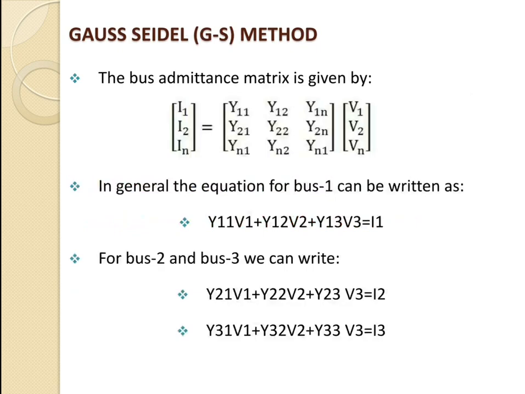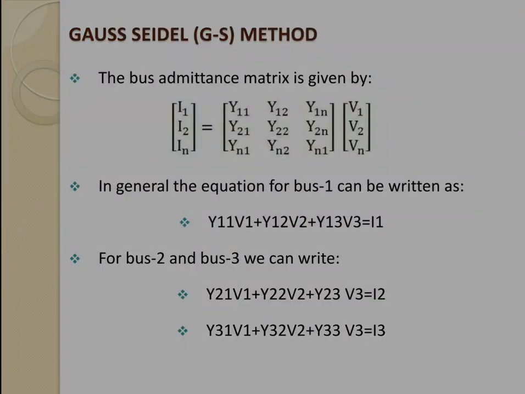N times, same way Y11, Y12 up to n times and V1, V2 up to n times, because we know the equation for the admittance, that is I = YV. So in general, the equation for bus number 1 can be written as Y11 V1 + Y12 V2 + Y13 V3 = I1.